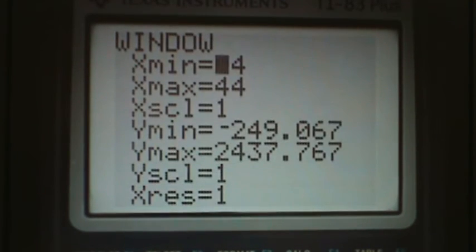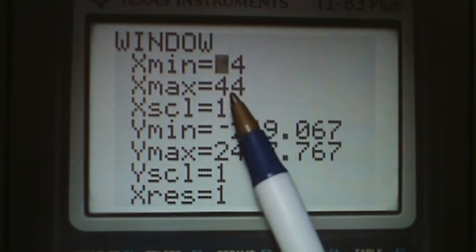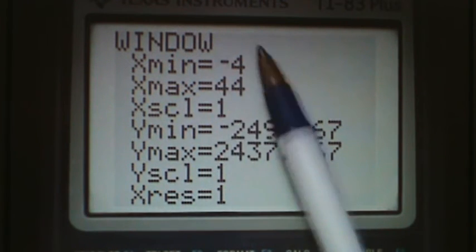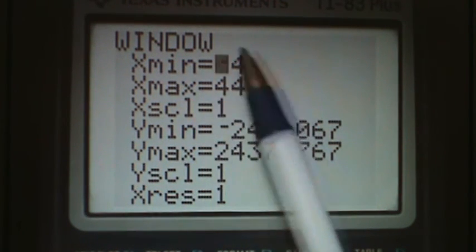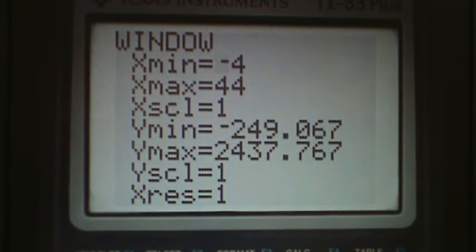So I'll go to the window and try to set up something appropriate for this graph. Now notice, -4 to 44, wow, that's a horizontal distance of 48. You see, now I want something that would be a multiple of 9.4. It really doesn't matter, we can just make this very easy on ourselves.